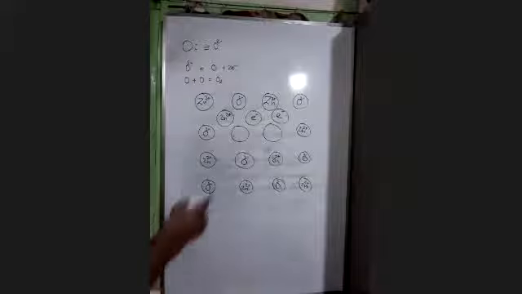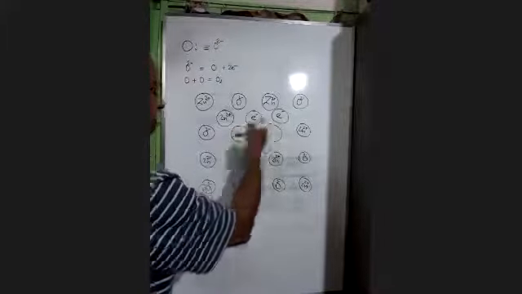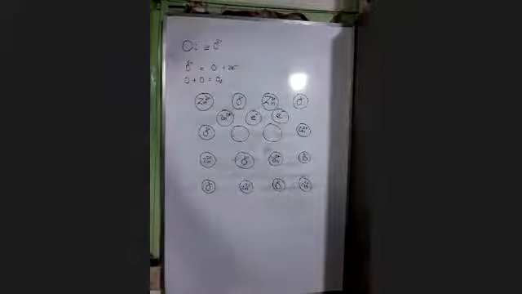Clear? See here, in this case none of the zinc has gone out, but the oxygen has gone. So in this way, metal has again become in excess. So this is also another example of metal excess defect.